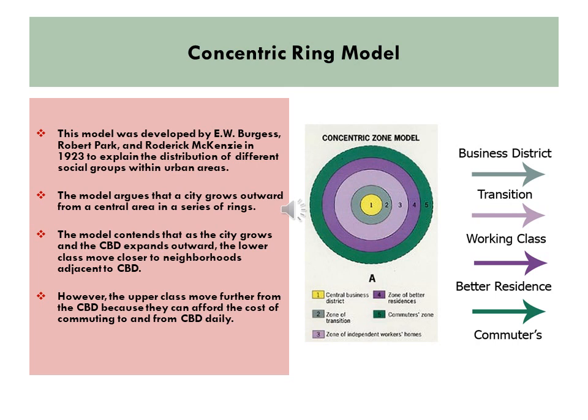So the concentric ring model is simply telling us a city grows in the form of rings, as we can see and observe on the right side of that particular illustration.